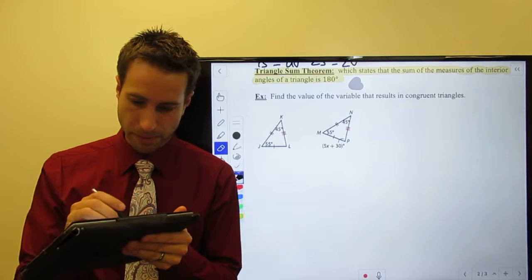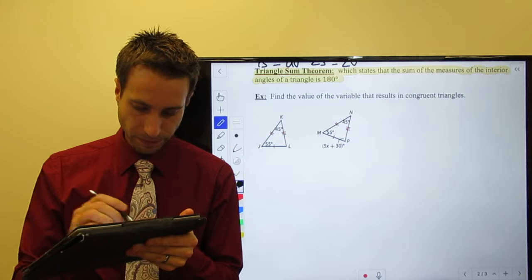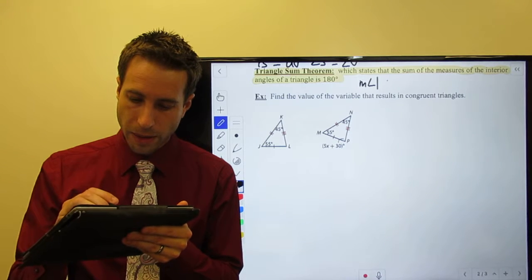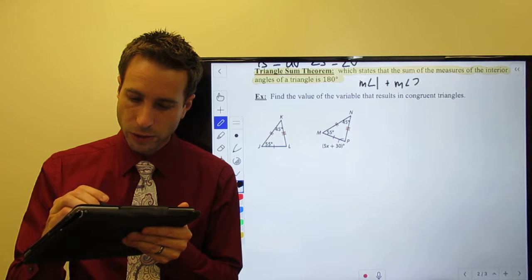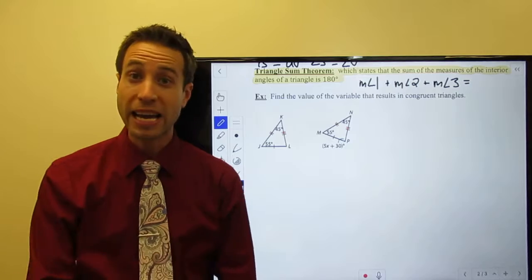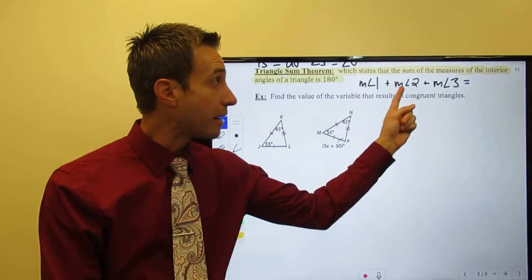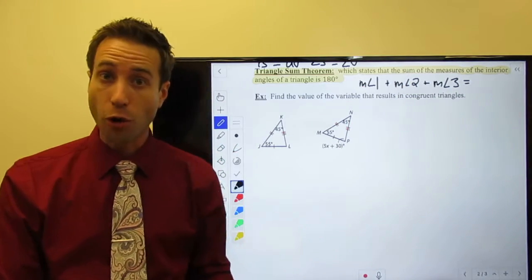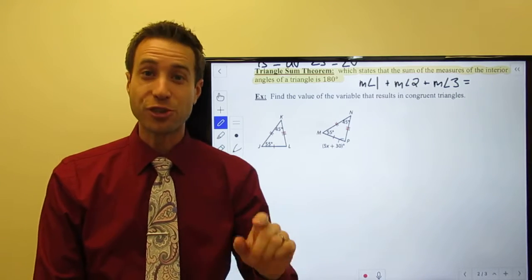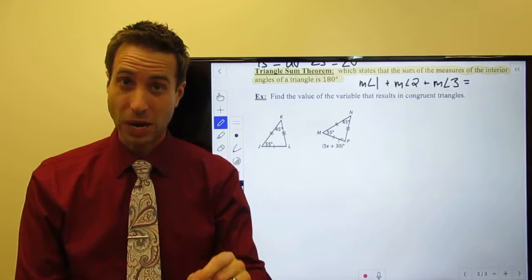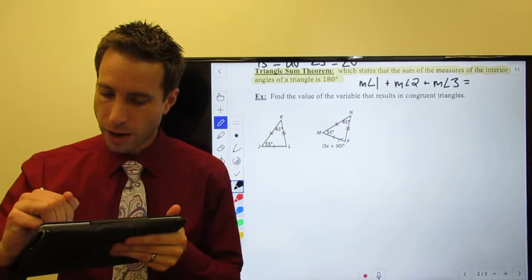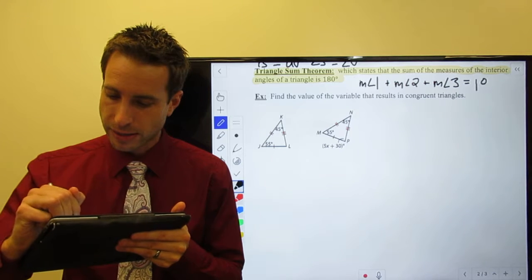So this theorem is simply saying: take the measure of angle 1 plus the measure of angle 2 plus the measure of angle 3. If you have a triangle, you add the measures of all 3 angles, and it must sum to 180 degrees.